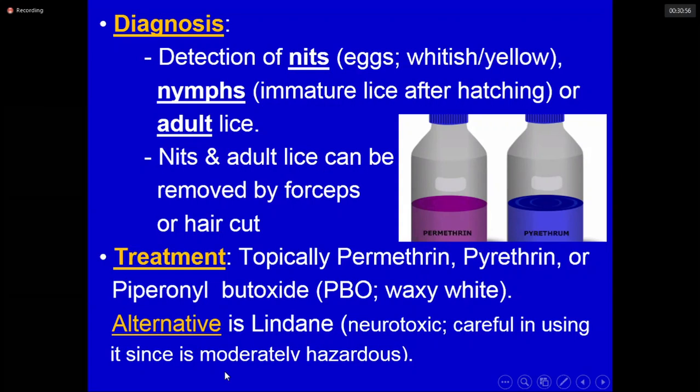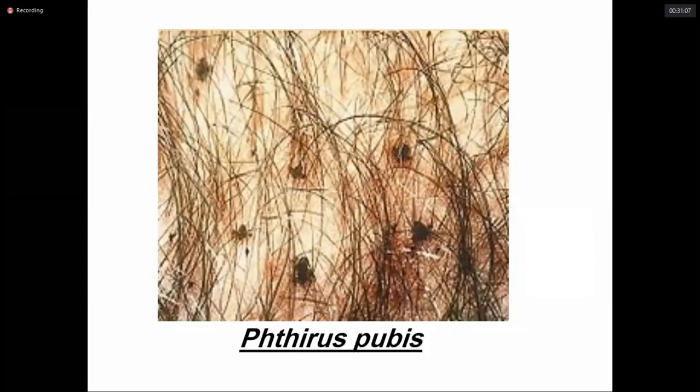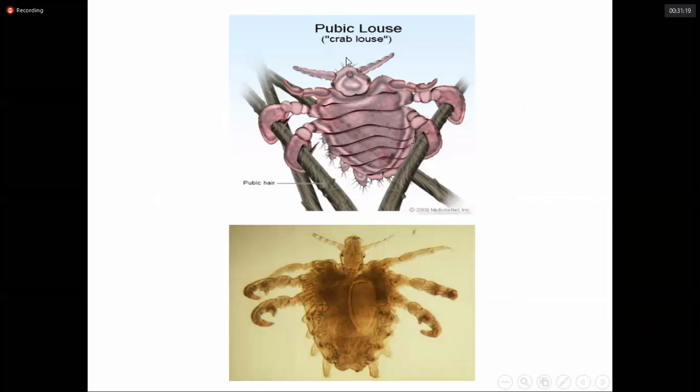So the best one is permethrin or pyrethrin or piperonyl butoxide. This is the Phthirus pubis. You can see the lice attached to the hair. Okay? And this is just an illustration of how the crab louse attaches to the hair. This is the real picture of it.